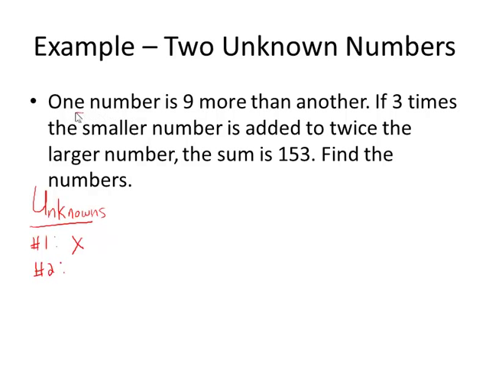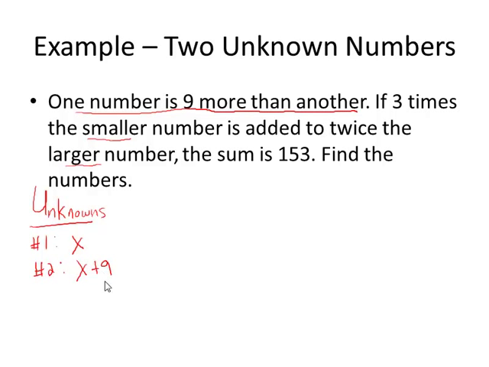Now we're told that one number is 9 more than another. 9 more than means to add 9, so I can let the second unknown be represented by x plus 9. When I read the second sentence, I see a reference to a smaller number and a larger number. And I need to know which of these two is the smaller and which is the larger.